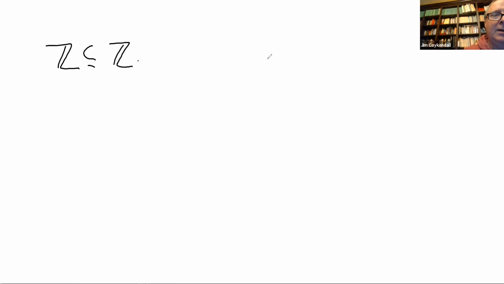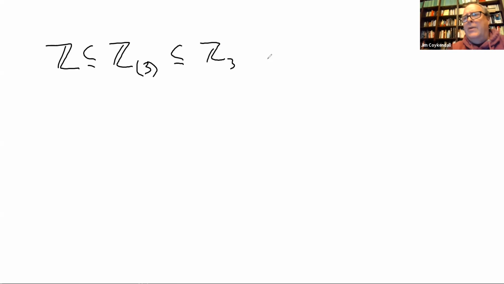So if you look at Z, it is contained in Z localized at 3, which is contained in the 3-adics. There's lots of intermediate rings in there, and let me give you a good example. Let me contrast this.